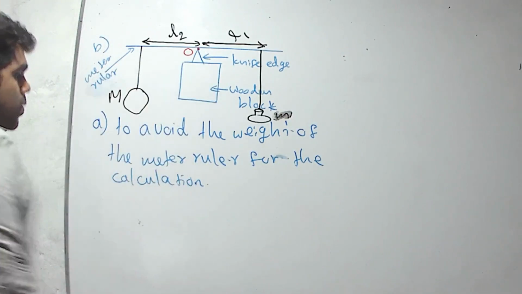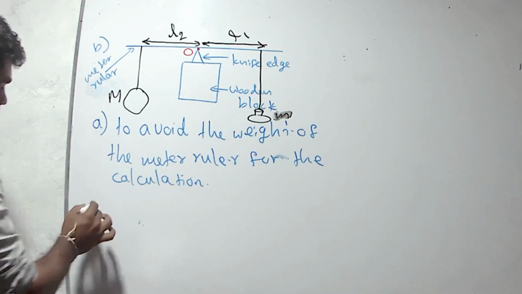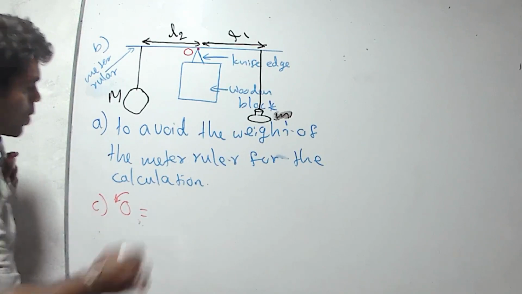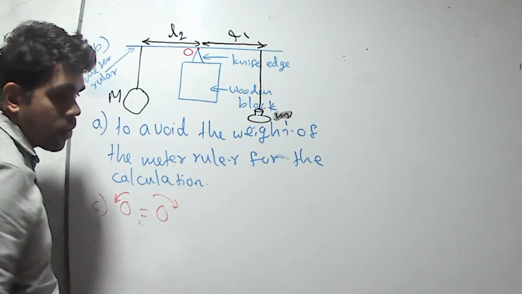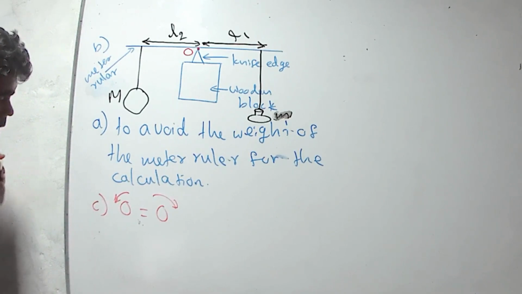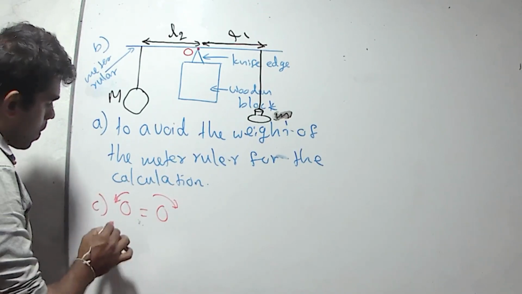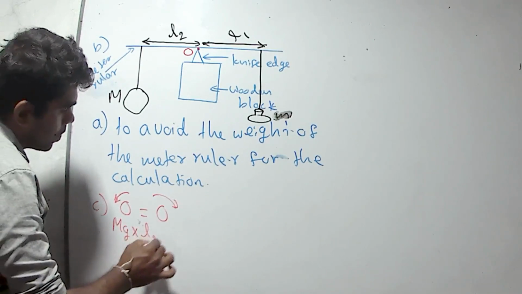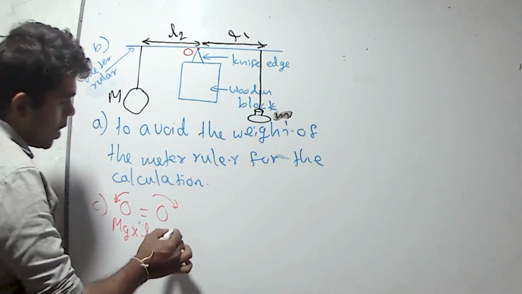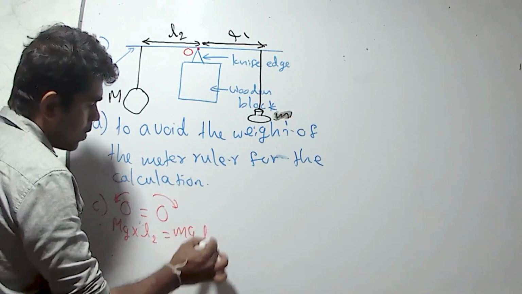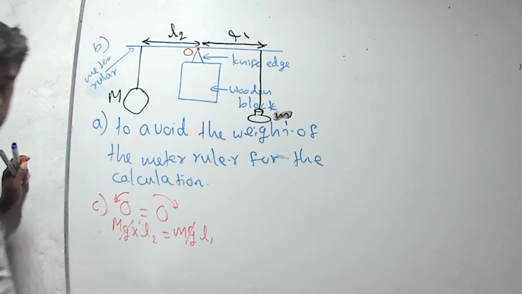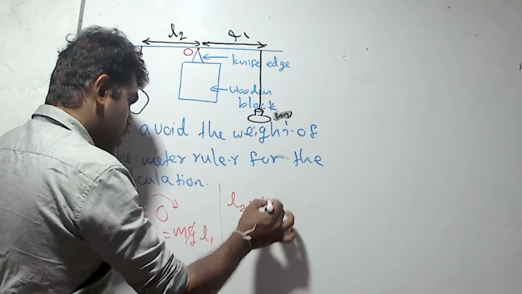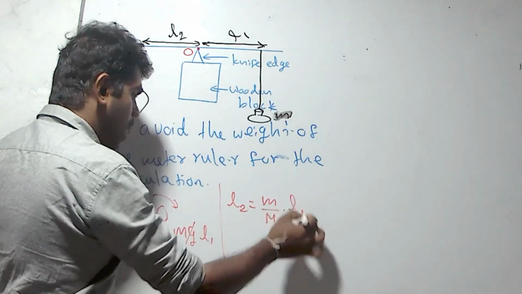I will consider it as point O. Counterclockwise torque around point O should be equal to clockwise torque around point O. Counterclockwise torque, capital M g times L2, should be equal to clockwise torque, simple m g times L1. We can cancel out g and g. We have to give the expression for L2, so we make L2 the subject: L2 equals simple m over capital M times L1.